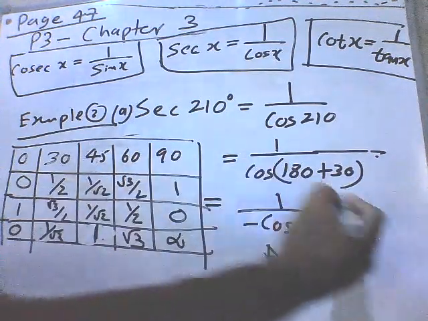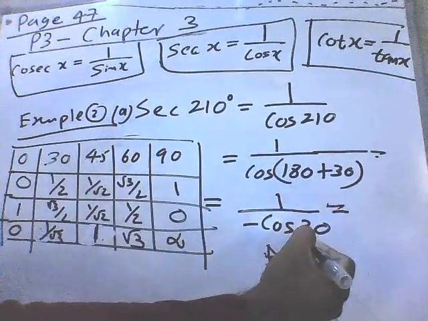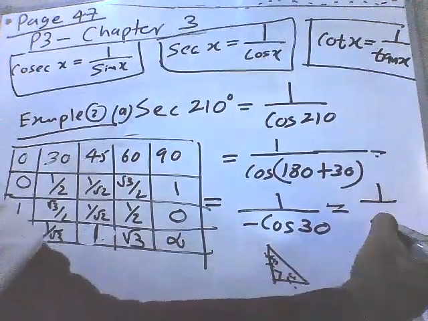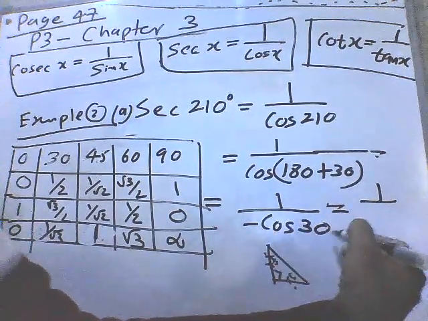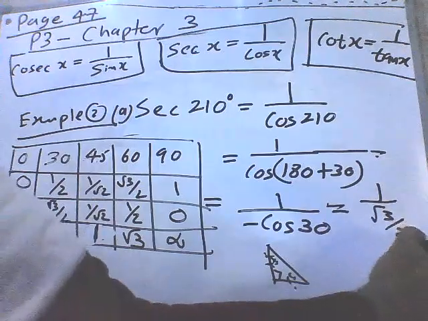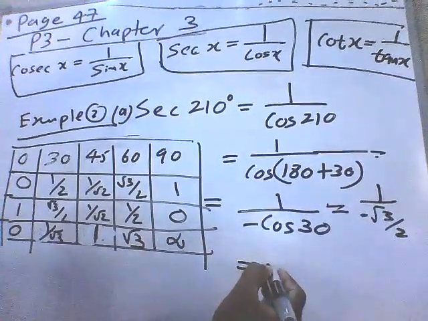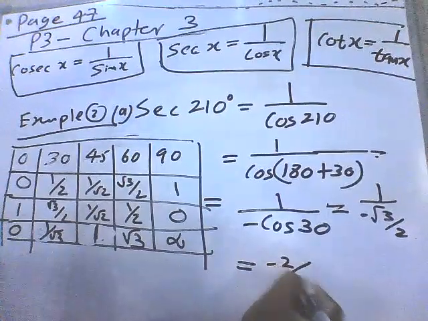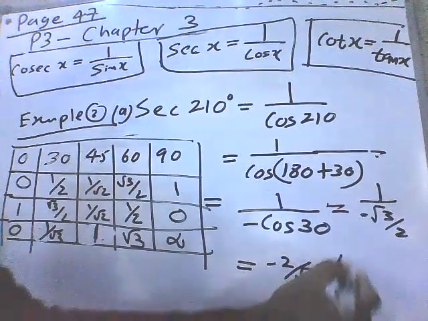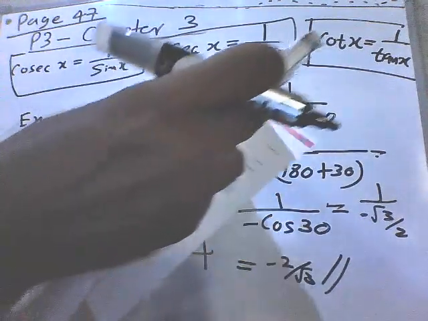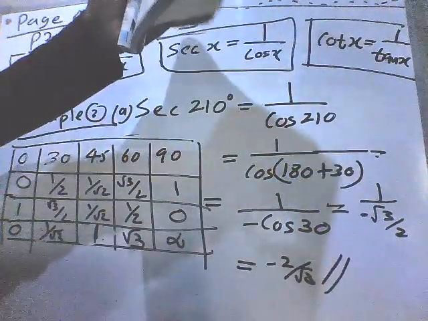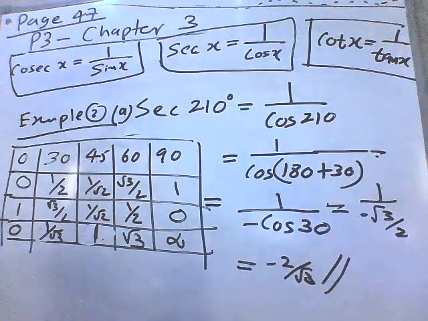So from that, 1 over cos 30, which is root 3 over 2, but negative. Then the final answer is minus 2 over root 3. We'll check the book's answer. Yes, minus 2 over root 3.